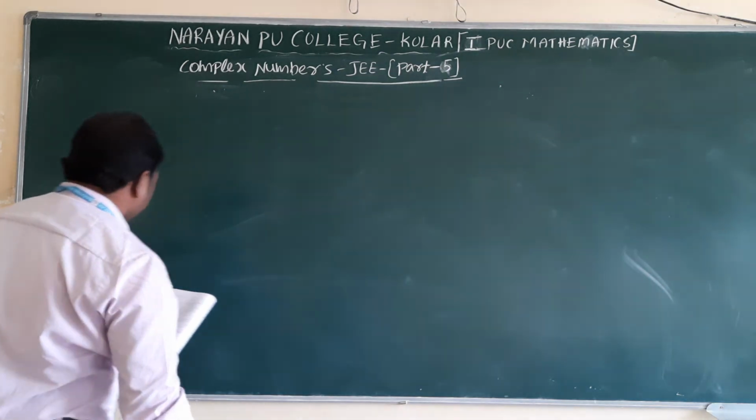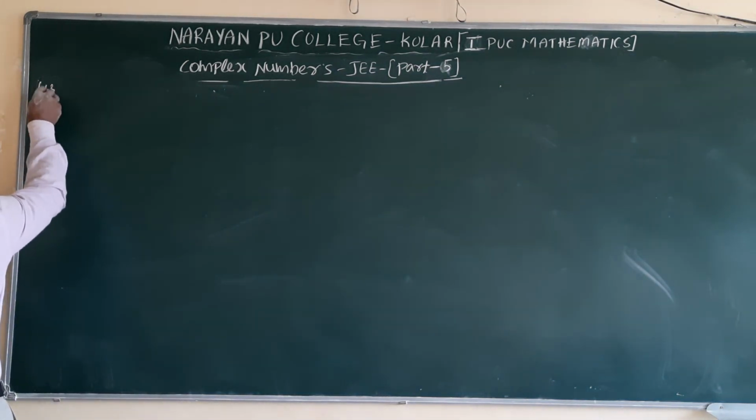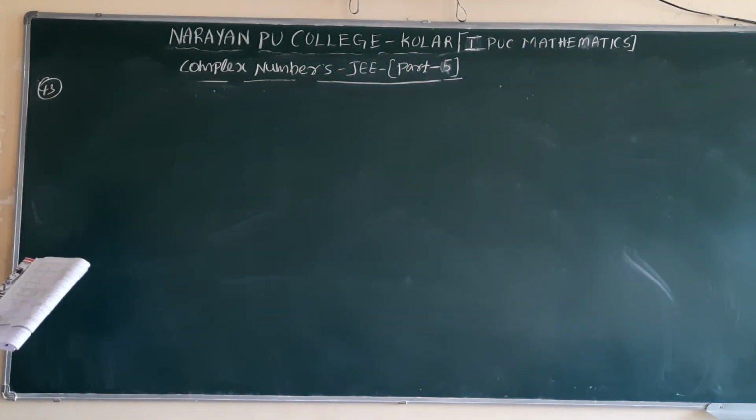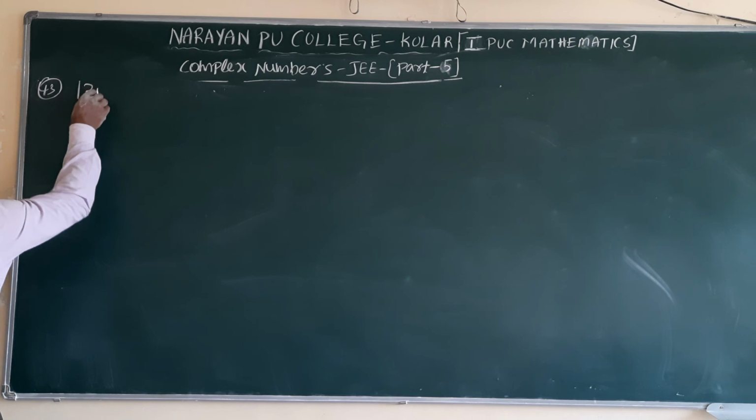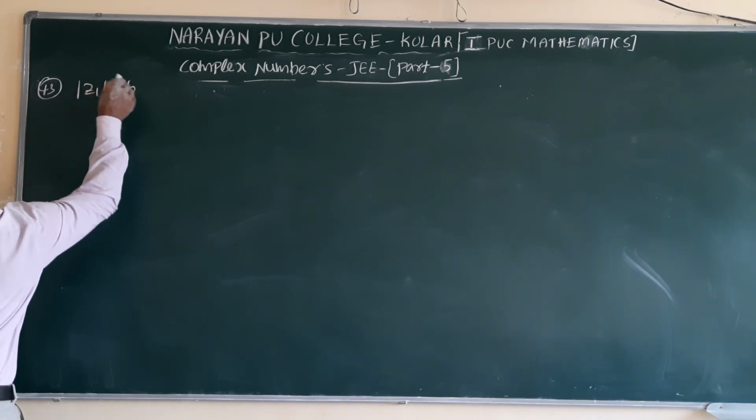Question number 43. Let a, b be real and modulus of z1 is not equal to b.